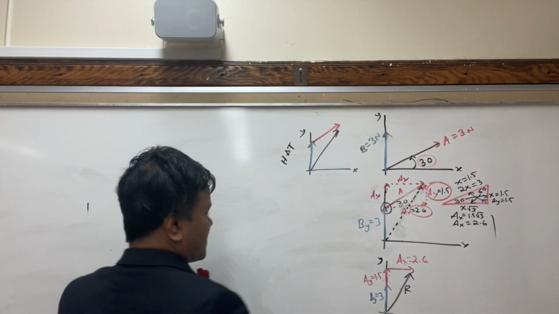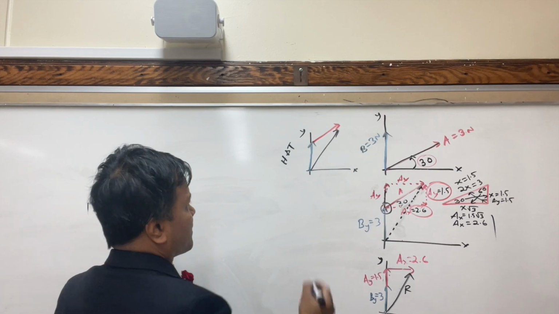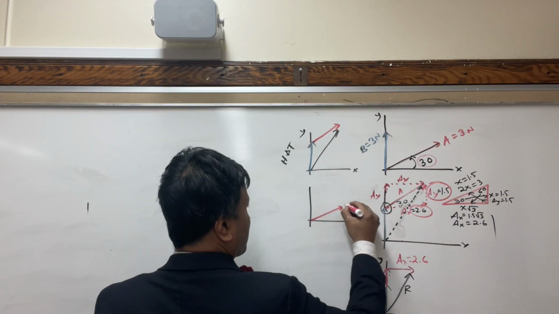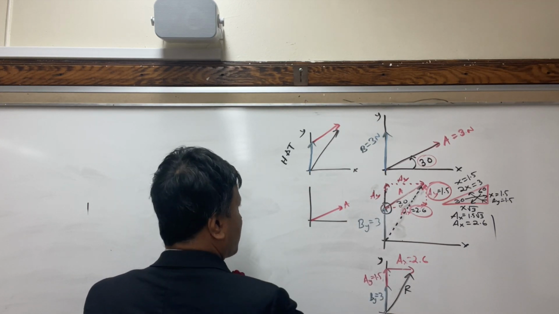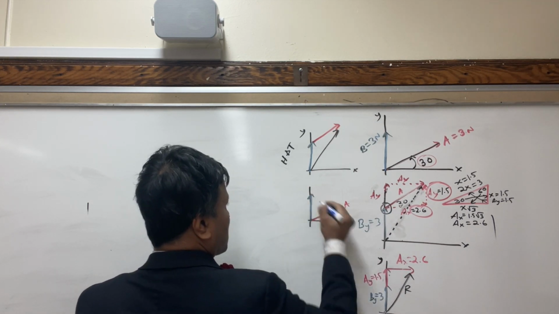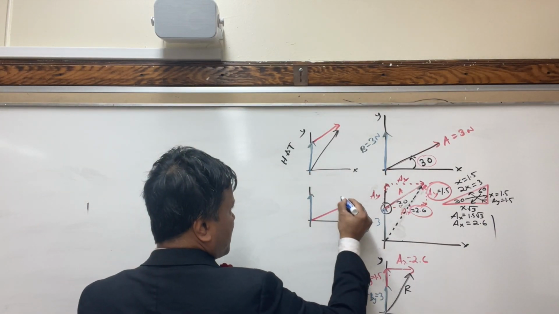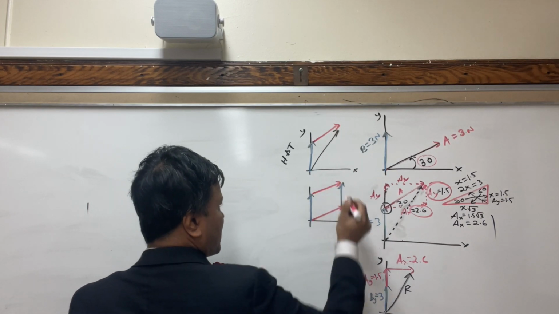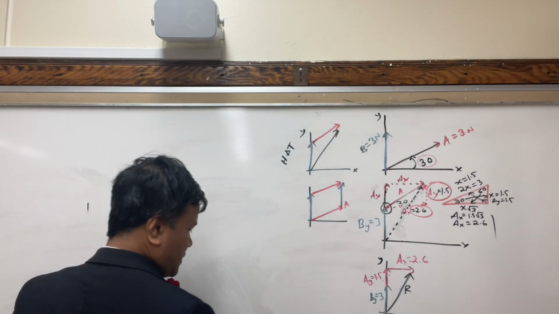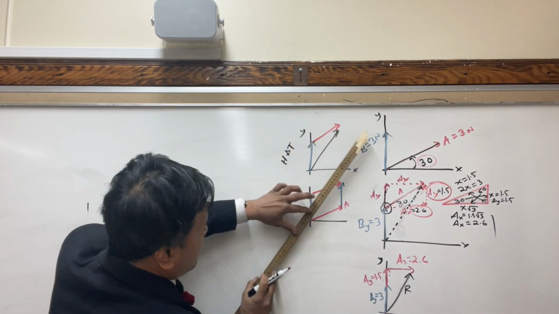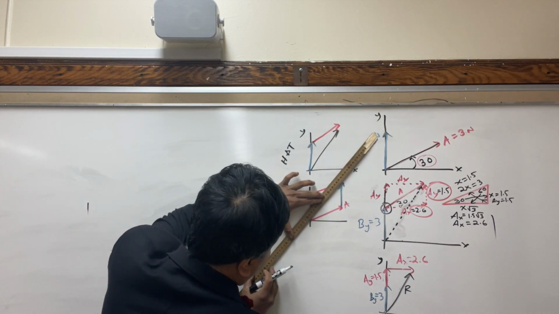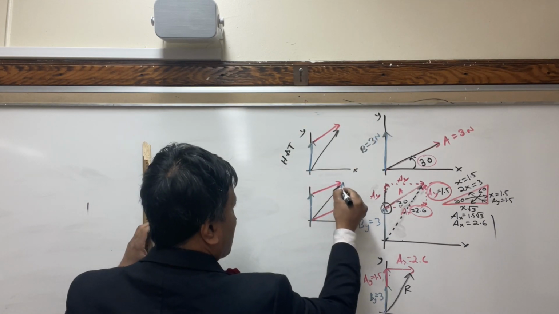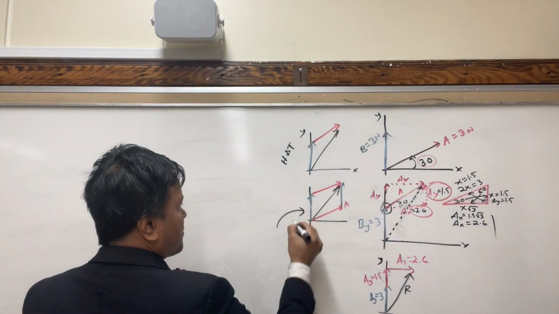I'm going to draw it as a parallelogram. So you draw A vector, you draw B vector, you draw another copy of B vector, you draw another copy of A vector, and this one is called the resultant, and this is the parallelogram.